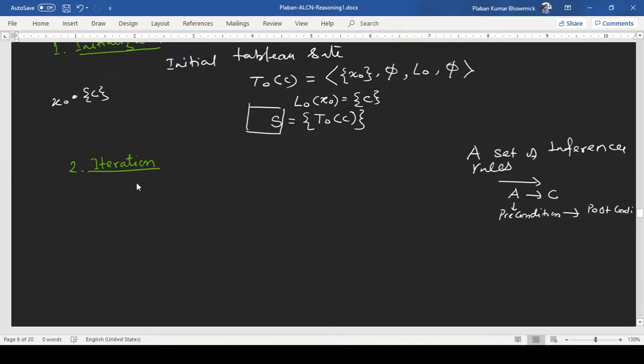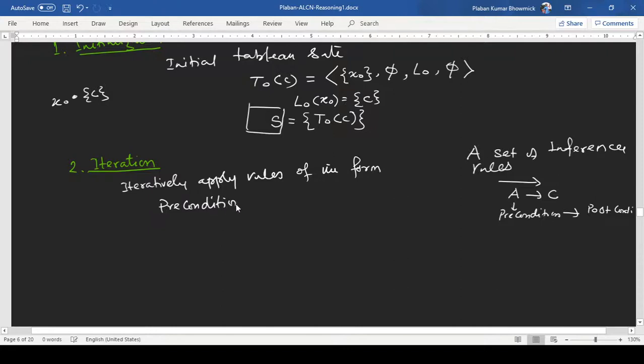So what we'll do, we'll pick up the rules from the rule base and iteratively apply rules of the form: the precondition, so this precondition should be matched in order to apply this rule, right?